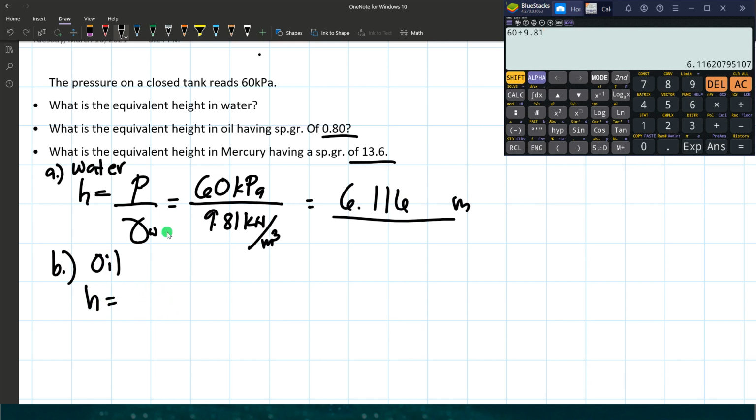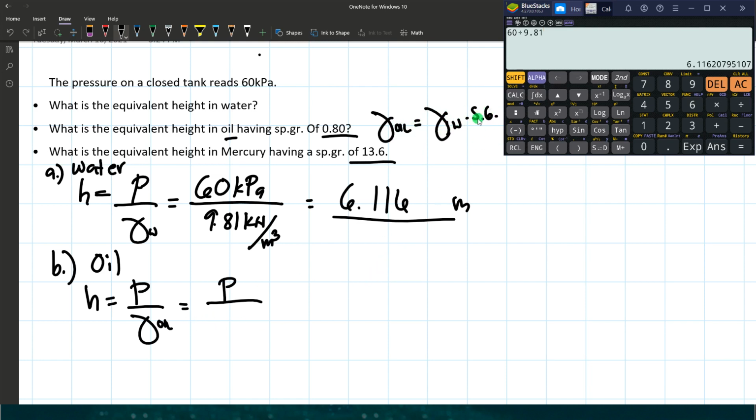So using the same solution, we have the pressure, and it is divided by the unit weight of the fluid, which is oil. So to determine the unit weight of oil, if we have a given specific gravity, the unit weight of any fluid is equal to the unit weight of water multiplied by its specific gravity.